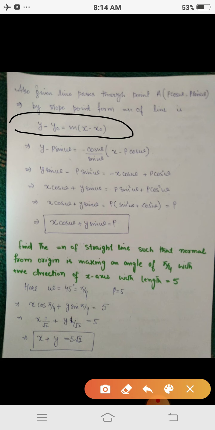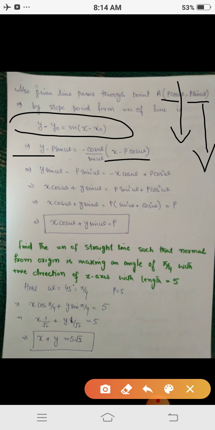Here the line passes through p cos omega, p sin omega, which implies x naught equals p cos omega and y naught equals p sin omega, and its slope is minus cos omega upon sin omega. Substituting in this equation, we get y minus p sin omega equals minus cos omega upon sin omega into x minus p cos omega.